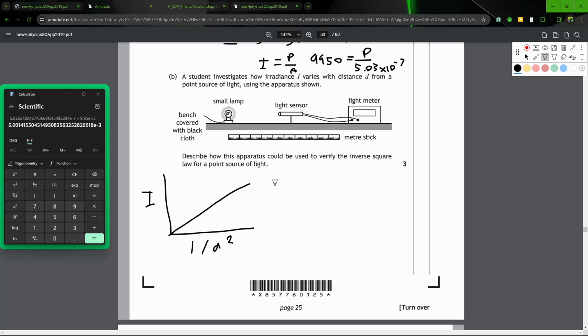So what you want to do is obtain, if you want to be smart, values of the irradiance for different distances. So you're going to be measuring from different distances on this meter stick.